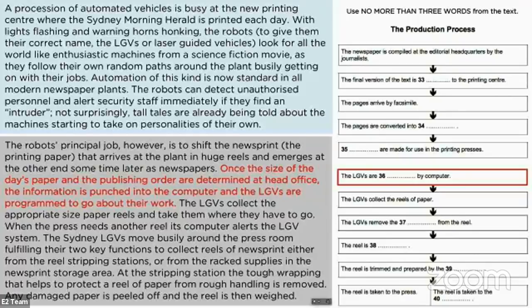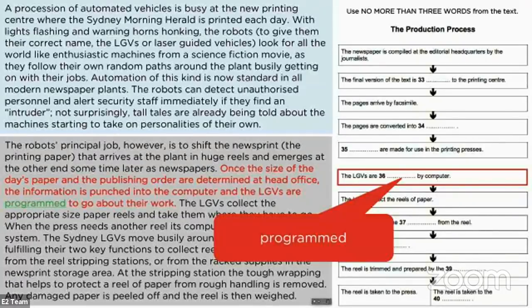If you got tempted to write punched, does that really make sense? The LGVs are punched by computer. Doesn't really make sense in many ways. I think the answer here is that other past participle there, programmed. The LGVs are programmed by computer. So if you got that one, well done. There was just the one single possible answer there.